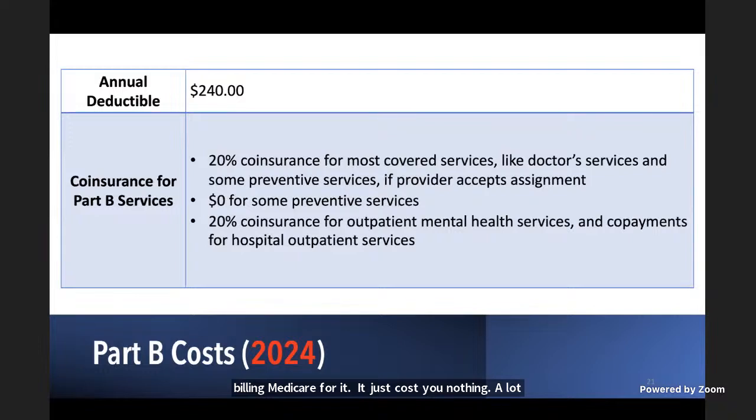While we're on that subject, though, if you go to a health fair or your drugstore or whatever, and it's a free service, but they need your Medicare card or Medicare number, it is not a free service. Medicare is paying for that.